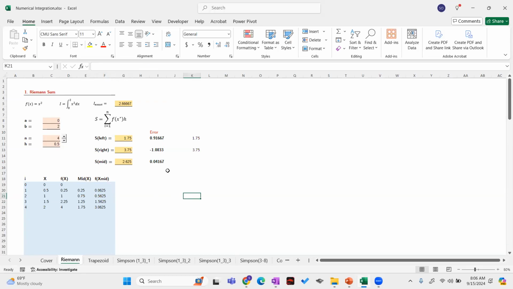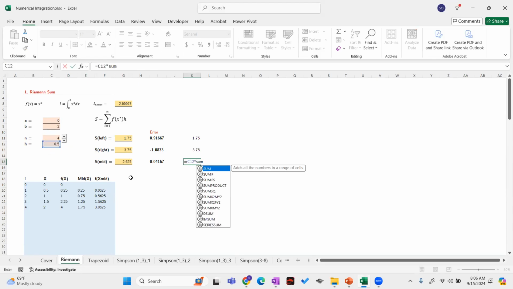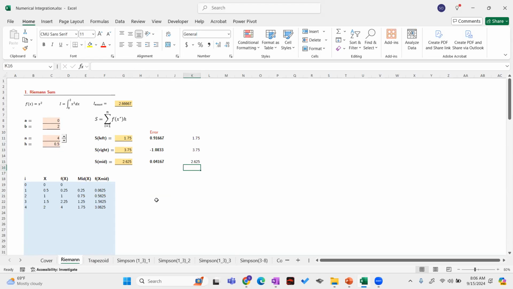And then the formula would be base times the sum of heights at the midpoints. So these are the rectangle heights, correct? So that's 2.625. Any questions, guys?